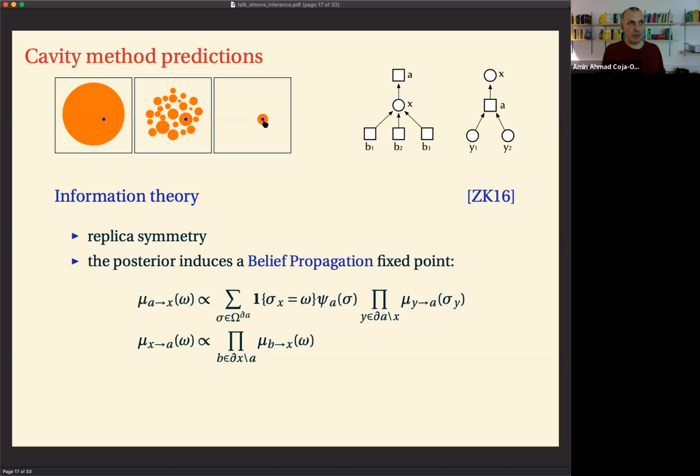And generically, in replica symmetric problems, the physics recipe for dealing with them would be the belief propagation message passing scheme. Belief propagation basically associates two probability distributions with each edge of your factor graph. These are probability distributions on the set of colors, for example, in the stochastic block model, and generally on the set of values that your variables can take.